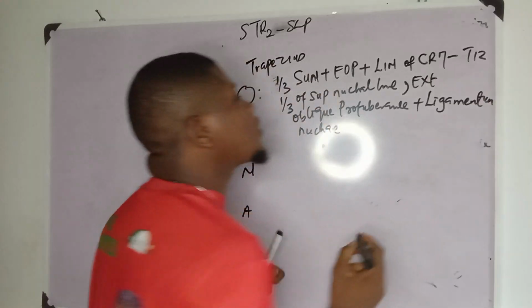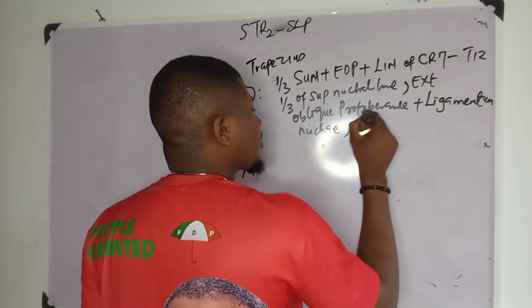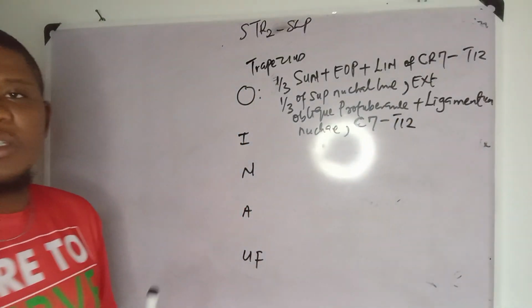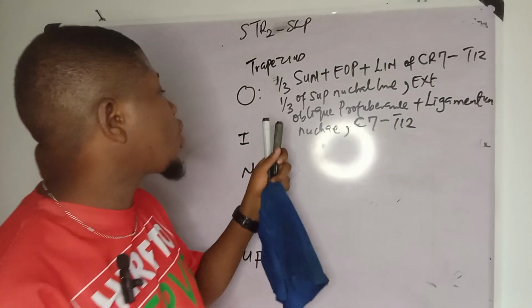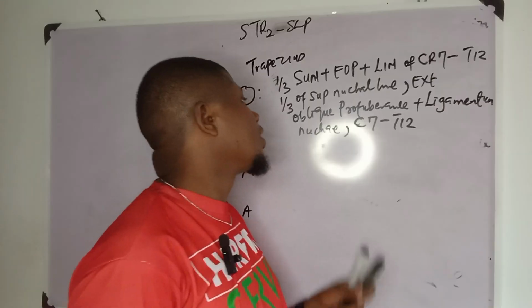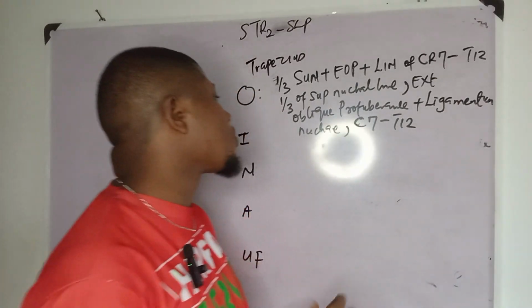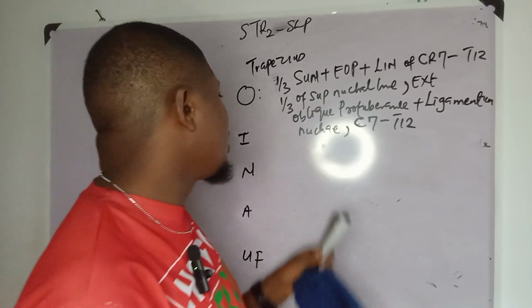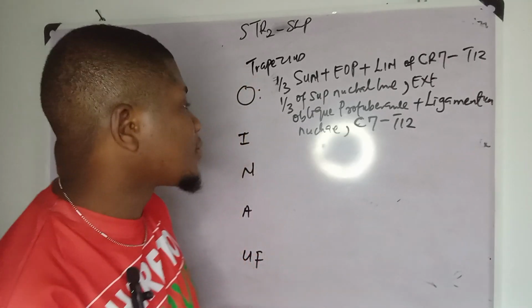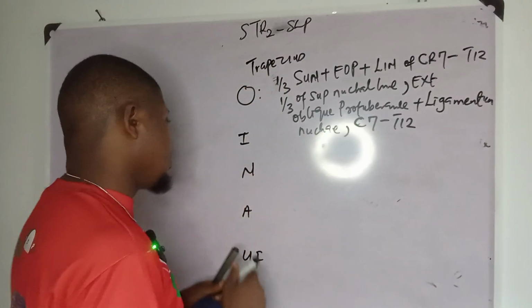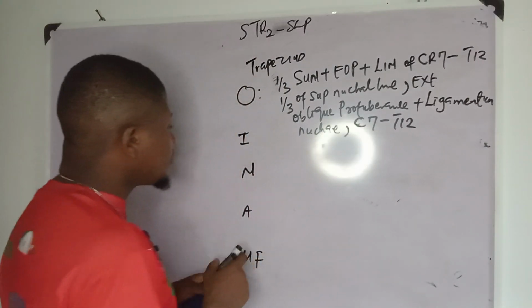Then C Ronaldo to T12 means C7 to T12 vertebra. So this guy originates from one third of the superior nuchal line, the external oblique protuberance, the ligamentum nuchae, and the C7 to T12 vertebrae.